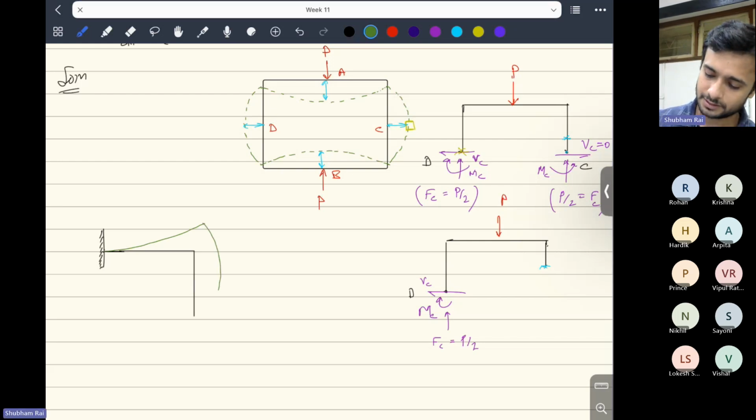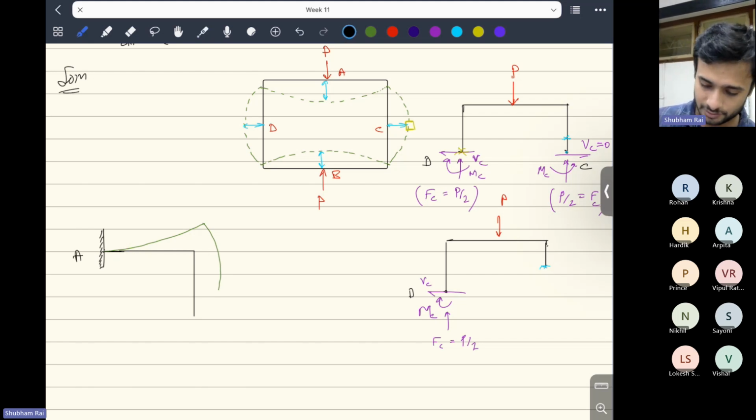This part is going from here to here, and the next part is this one up to C. I have shown fixed here because the slope here is zero, and I have taken this as the reference position. There is a deflection, but I have taken this as a reference. So deflection here is zero, and subsequently deflection is increasing up to here. I've just drawn this shape, but since the deformation is very small, there will be a small difference between this shape and this shape here.